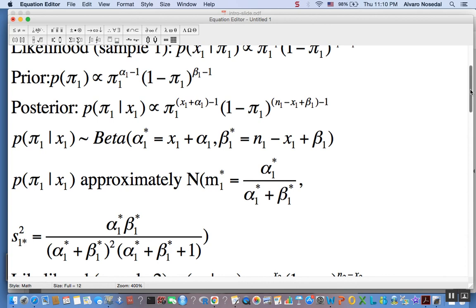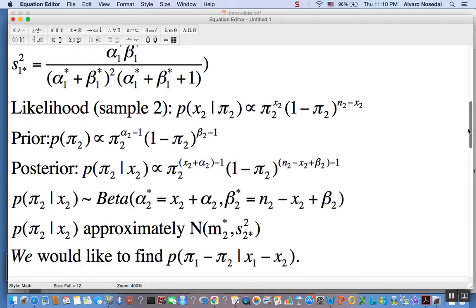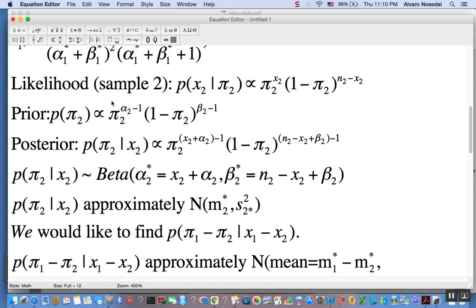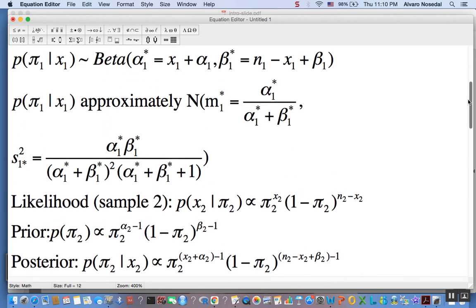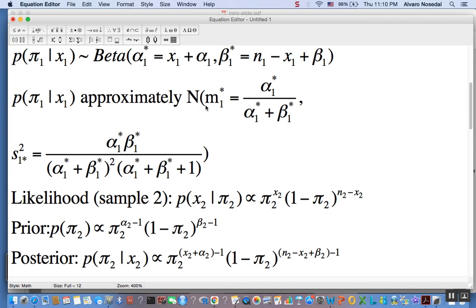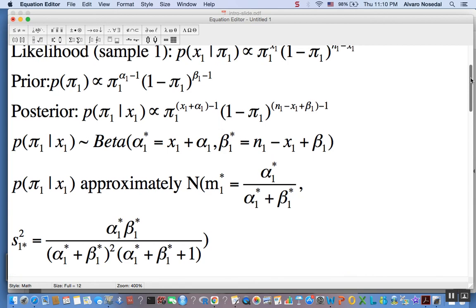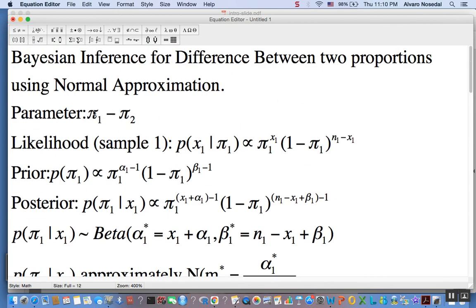We do the same for the second sample, and we end up with another beta posterior. Again, it's a good idea to find the mean and the variance for that beta posterior, because we're going to be approximating those beta posteriors with normal posterior distributions, since we are interested in that linear combination.